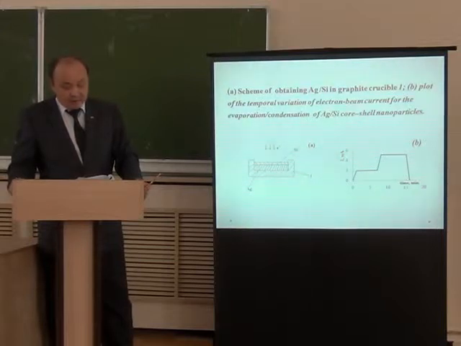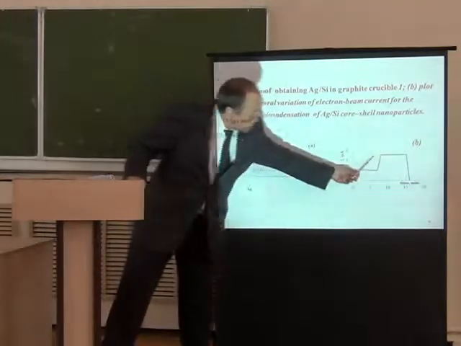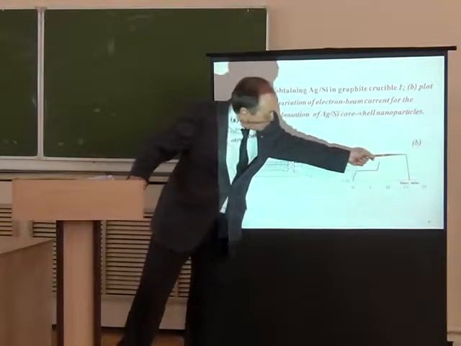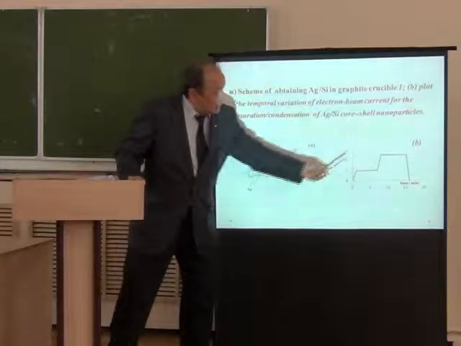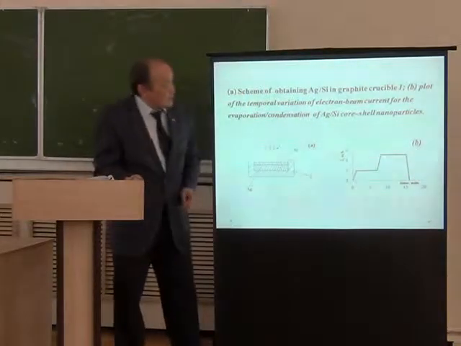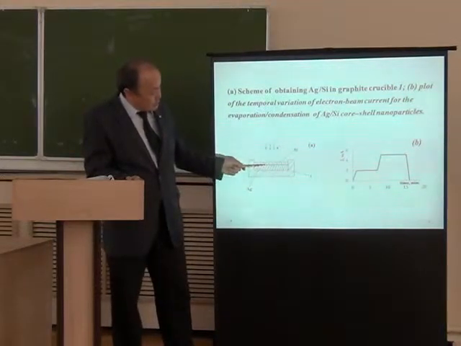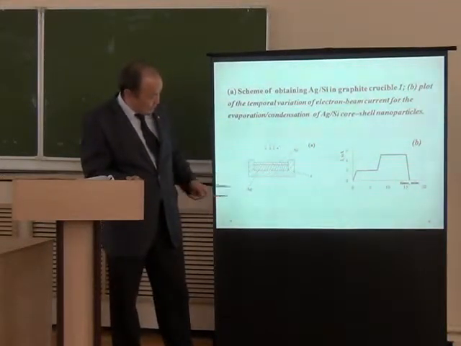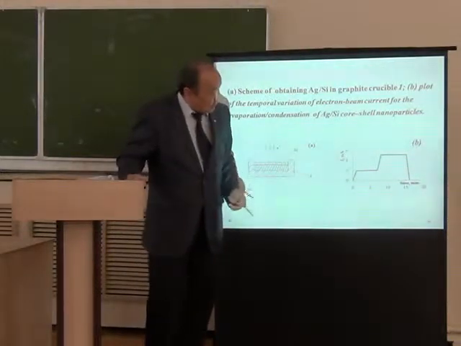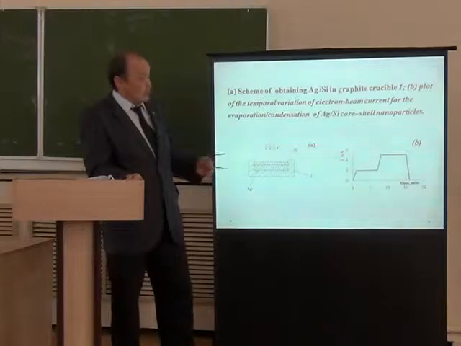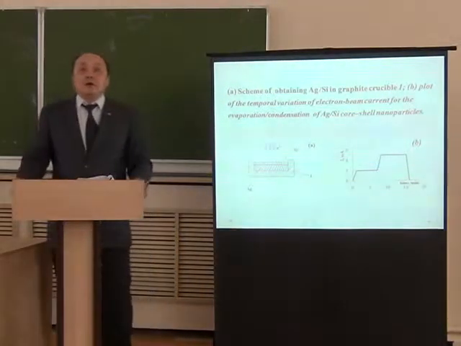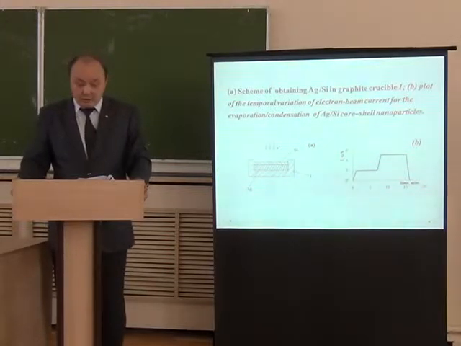And in the second time interval, current is increased. In this time interval, the two substances, silicon and silver, evaporated, and then coagulated and formed nano powder. Do you understand?